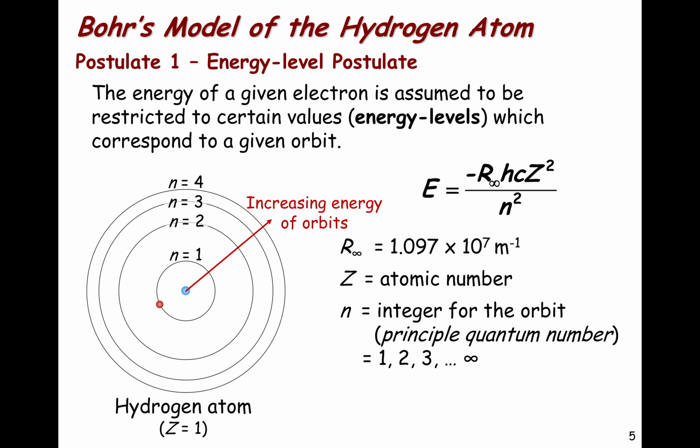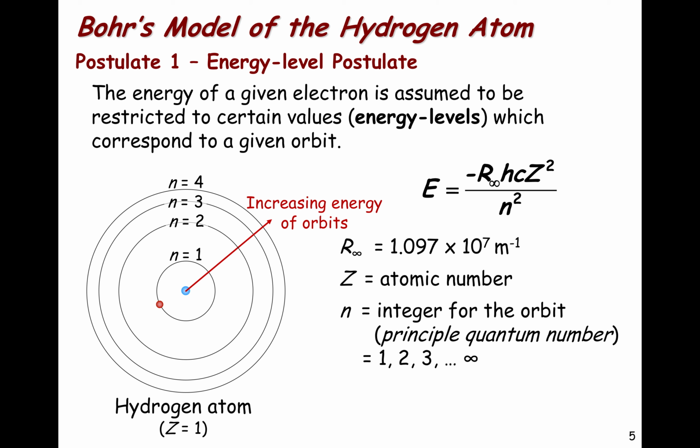It turns out then that the mathematical formula that would predict the energy of each of these possible orbits is given here. The energy is given the symbol of E, and we have on the other side of the equation a negative sign.